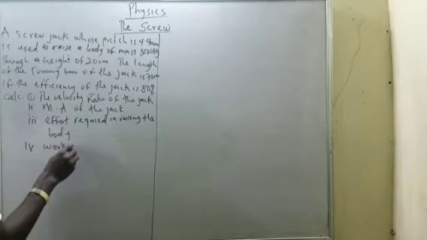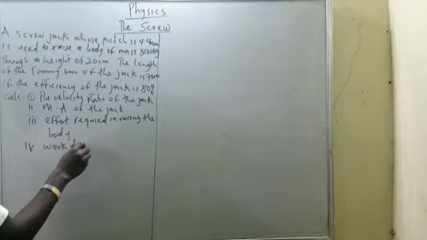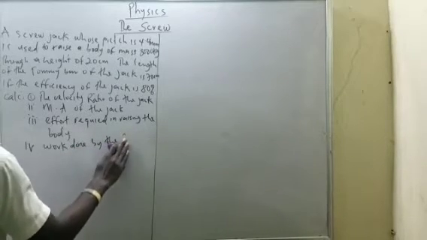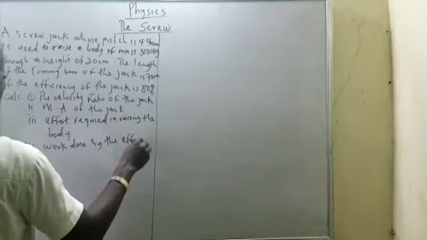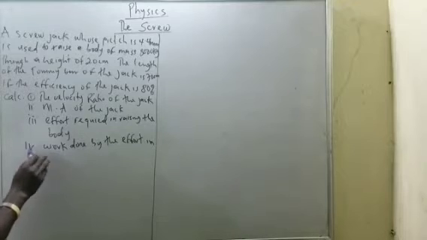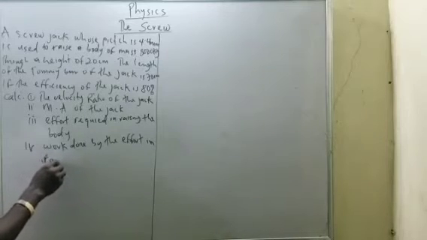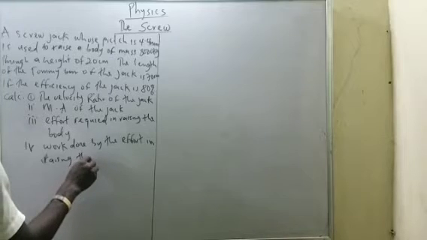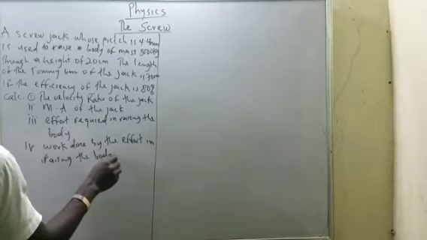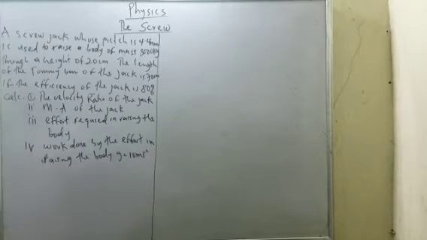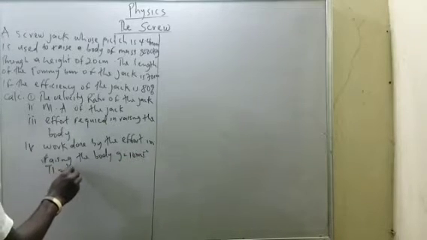Work done by the effort in raising the body. Taking your g as 10 meters per second squared and pi as 22 over 7.